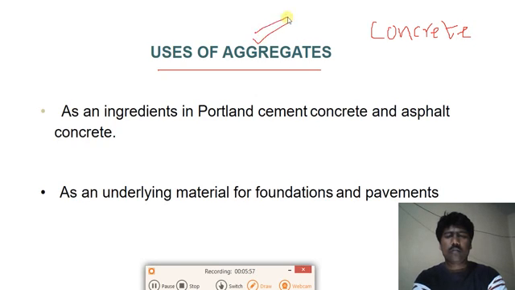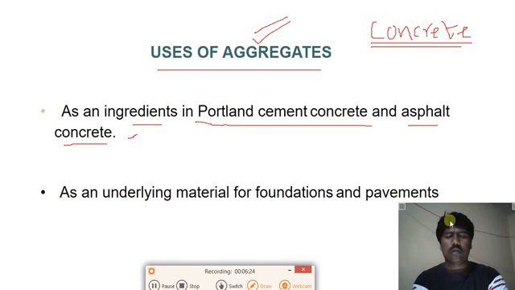Aggregate could be fine aggregate or coarse aggregate, which we will discuss in the classification, but their use in preparation of concrete is very high. So this is used as an ingredient in Portland cement concrete and also asphalt concrete. This is one of the major uses.